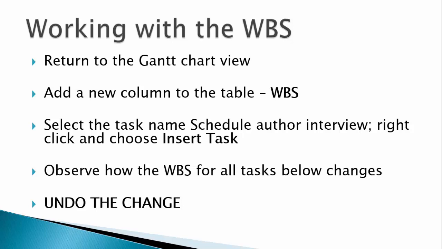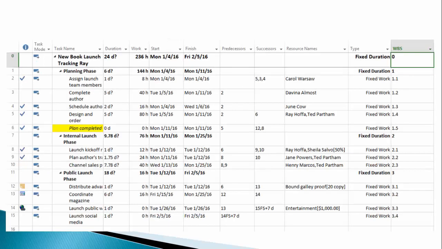Now let's take a look at the work breakdown structure numbering, which is supplied automatically by MS Project. All we need to do to see it is to add the WBS column to our entry table. Here is what you should see after adding the WBS column.